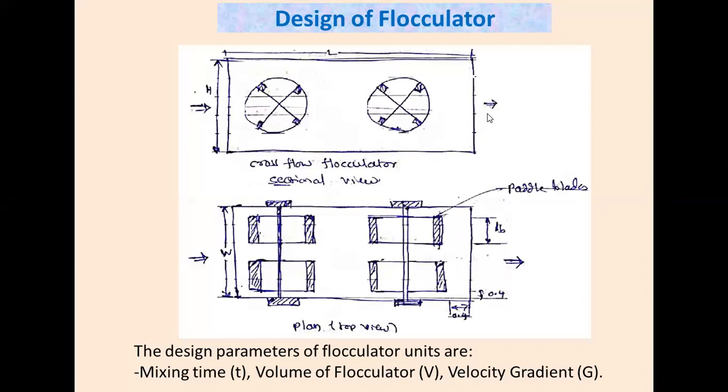The flocculator we have seen above, the dimensions of the flocculator tank and the flocculator, these are the paddles. This is the shaft, and on the shaft these paddles are fitted, right? This is the length of the tank L, this is the depth of the tank H, and this is the width of the tank W. Then this is the paddle width.